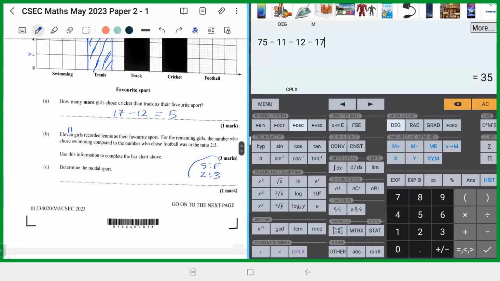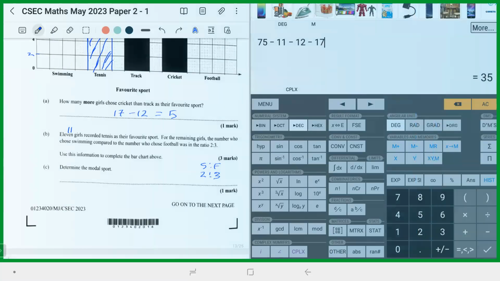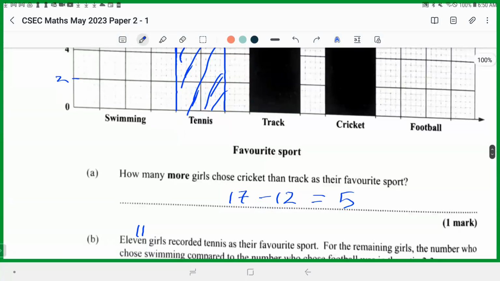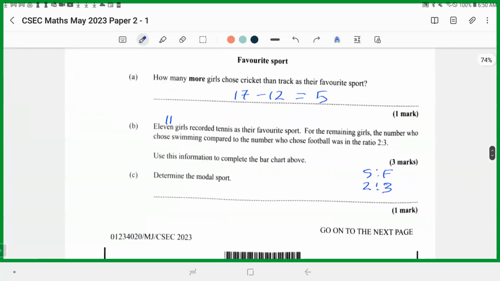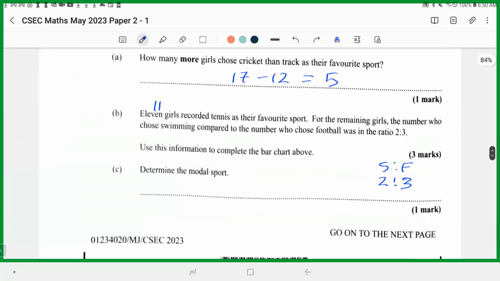So we know that these add up to 35. No, this isn't a ratio yet. I always tell the students, a ratio is just a broken down comparison of your actual values. So I'm going to set up my ratio like this. I want to know the actual number for swimming and the actual number for football. What I know is that the total is 35. So I'm going to put in a part of the ratio for my total between these two, my remaining students.